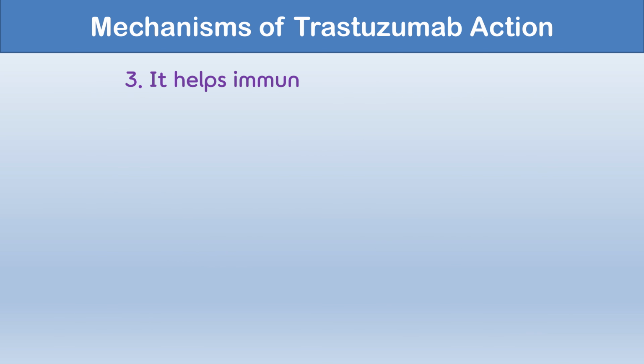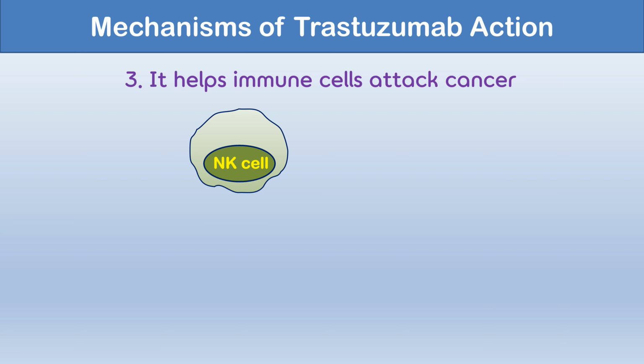Another action of trastuzumab is that it helps immune cells attack cancer. One of these immune cells is the natural killer, or NK cell, which has a surface molecule called FcR that binds strongly to antibodies.